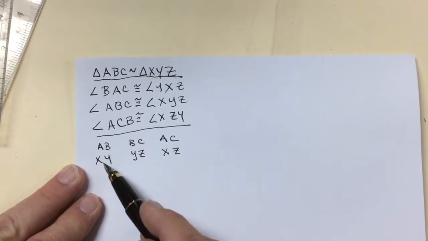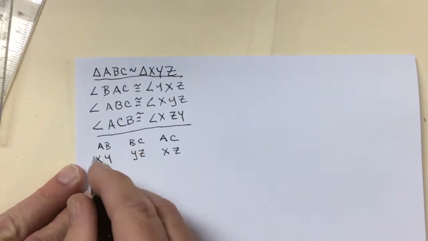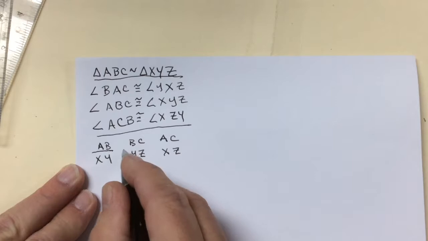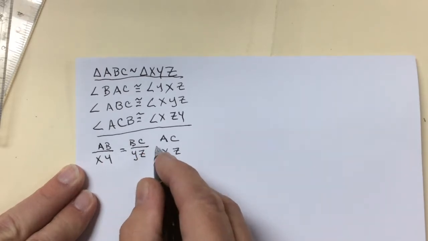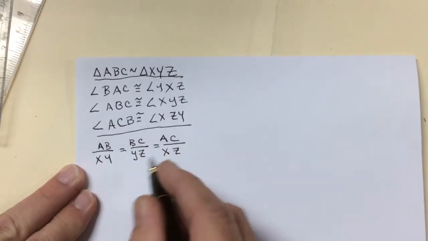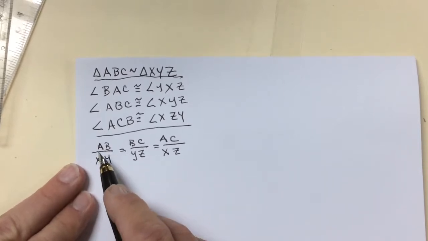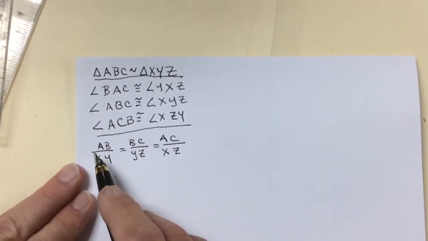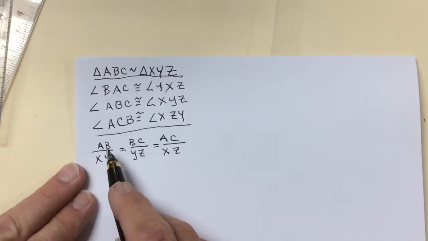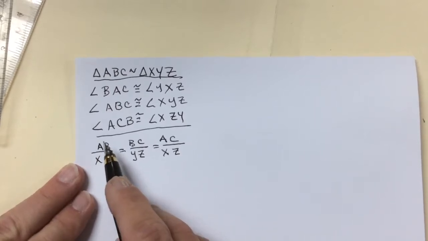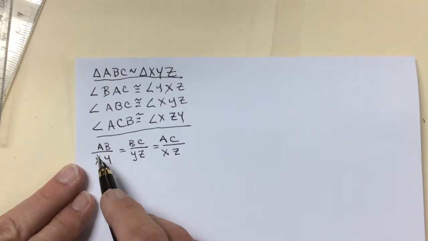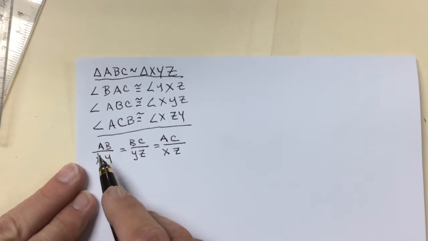That's why I put them right next to each other like this, because I'm going to make a ratio out of them. When you write AB without the little hat, that means you're talking about the distance from A to B. This is a number. This is a number.